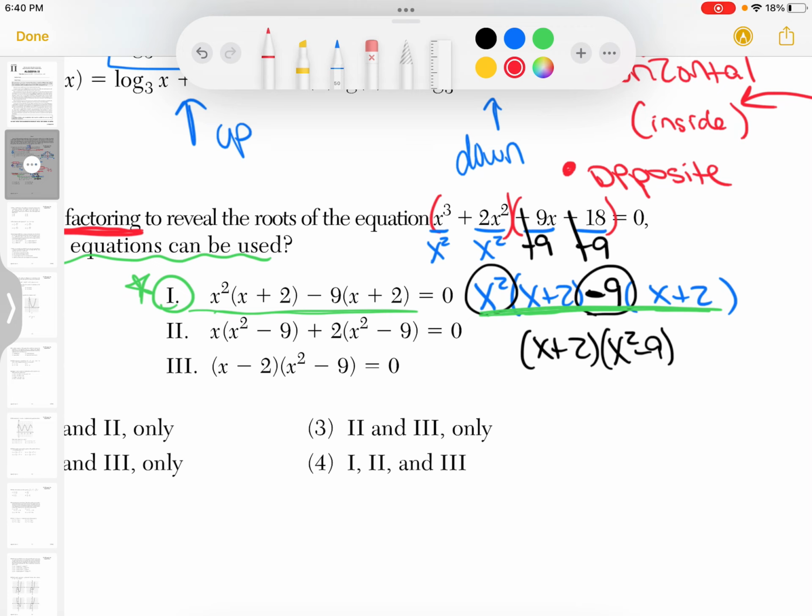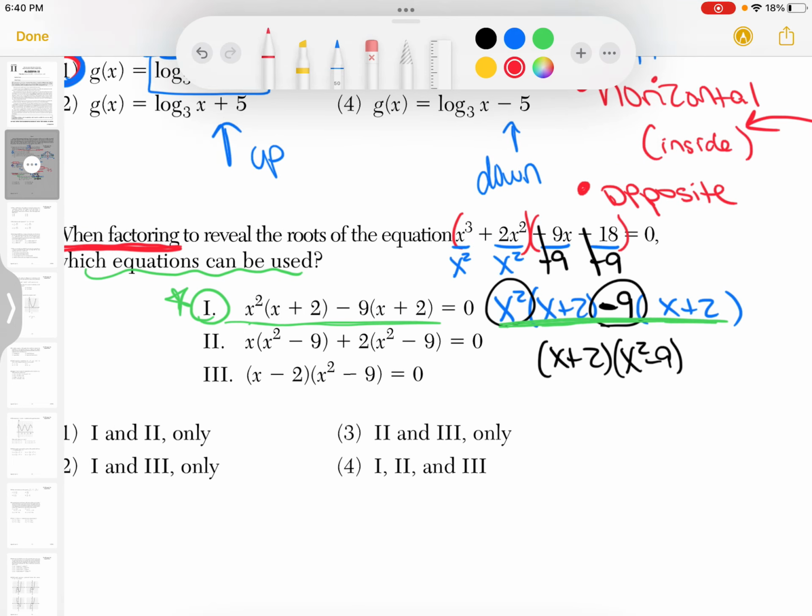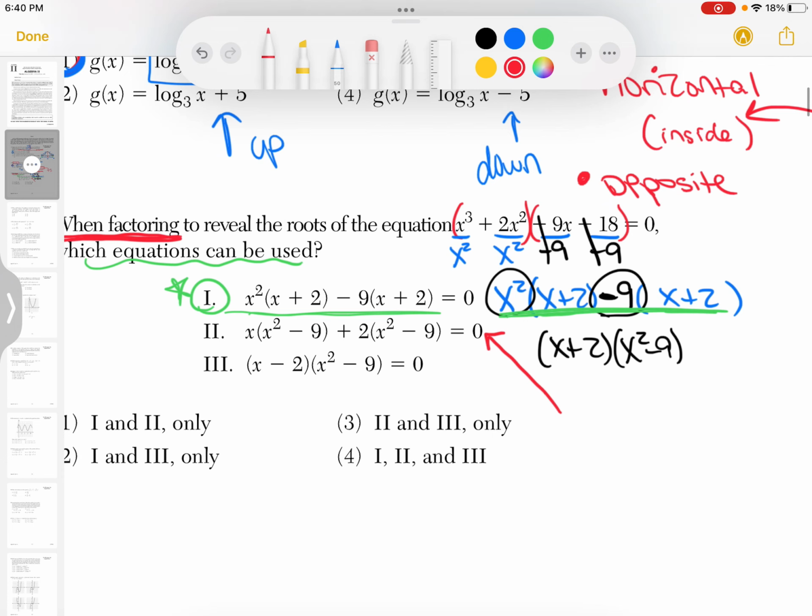Oh, I didn't even notice this when I was doing it the first time. So let's continue on. Okay, so this next one, wow, I did not notice that.